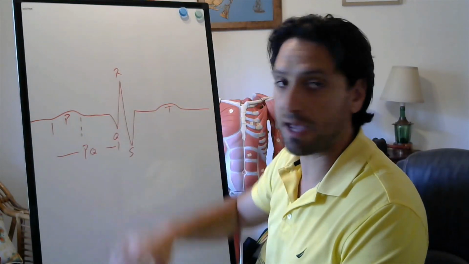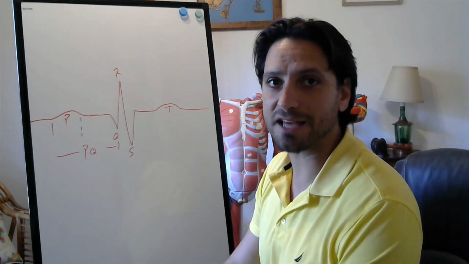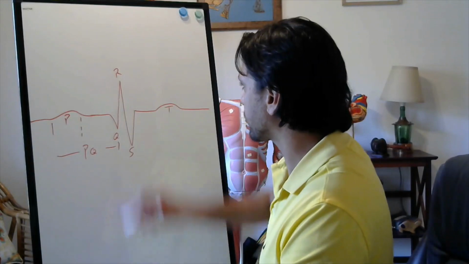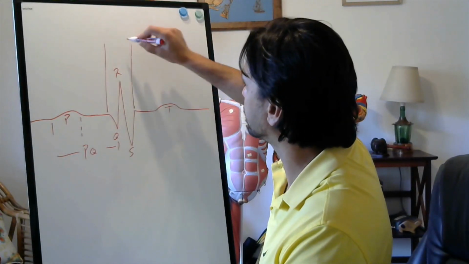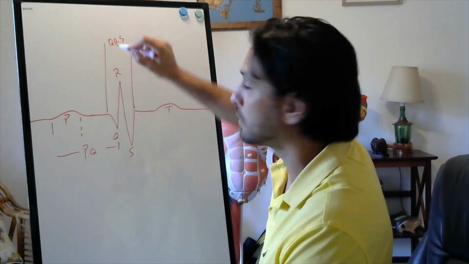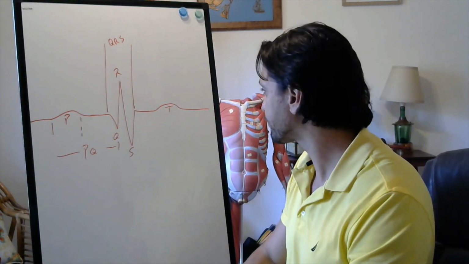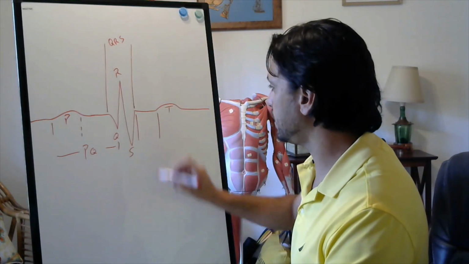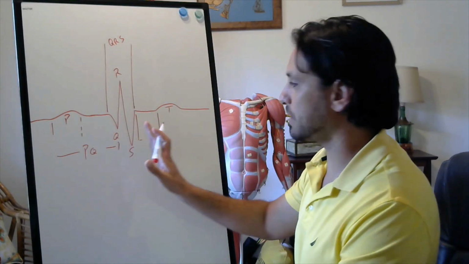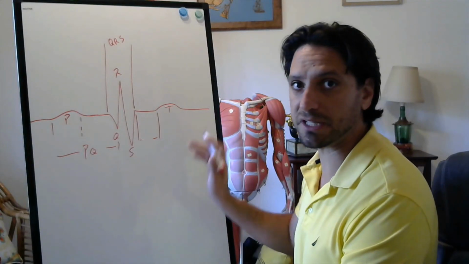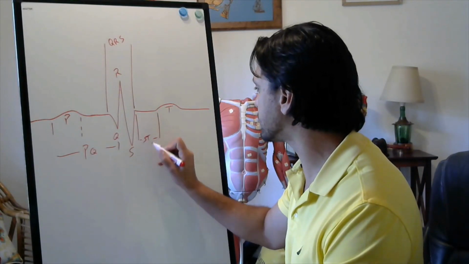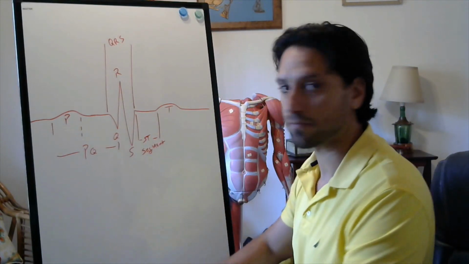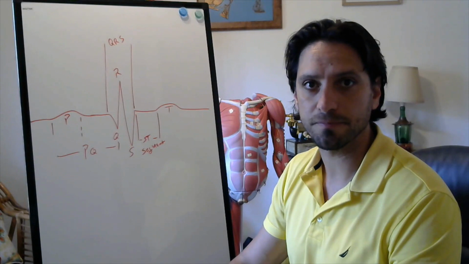The height and the magnitude of the P wave has to do with atrial depolarization, okay? So the PQ interval. Then we have our QRS complex. From here, the S to the T. So the end of the S wave to the beginning of the T wave is known as the S and T segment. Okay, the S and T segment.